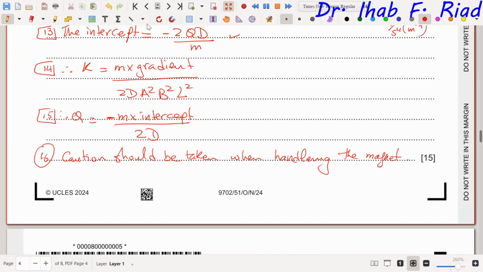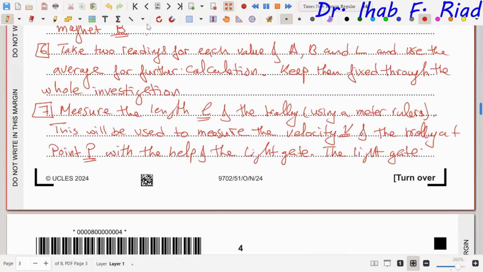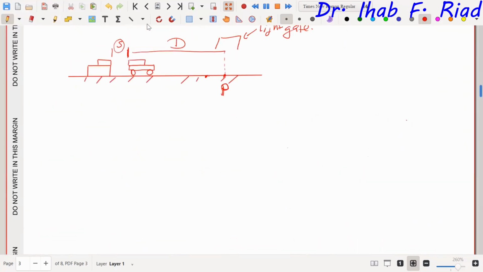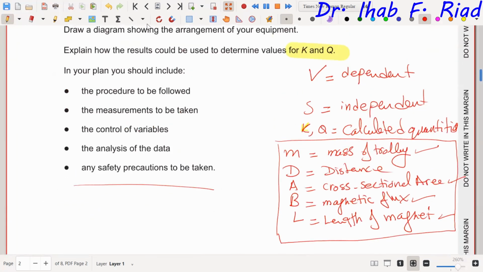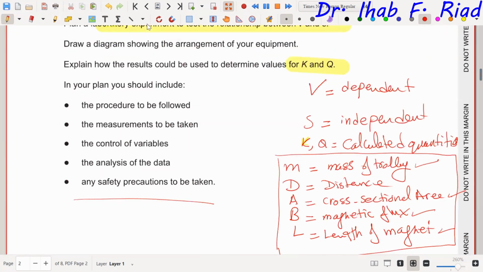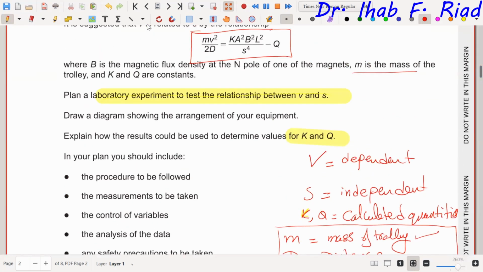Okay. Do you have any questions over here? No. So do you know how now we proceed to answer this question? Yes, I do. Okay. We need to decide which one is going to be the dependent and which one is the independent. He is typically asking a guide from this statement. Then he's telling us which parameters we can calculate.